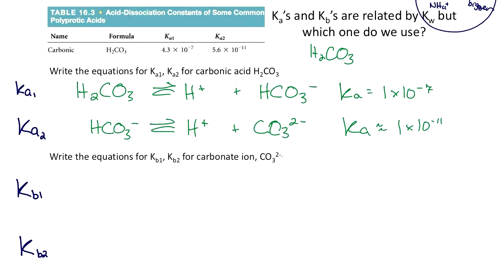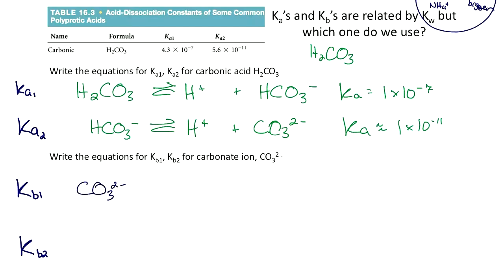Perfect. All right. So carbonic acid can act as an acid, but we already said carbonate, CO3 2 minus, this guy. Is this an acid? Nope, that is a base. And so what equations do we use to describe bases? Not Ka, but Kb. So we can write the Kb expression for carbonate acting as a base. So Kb1 is where we start with carbonate.